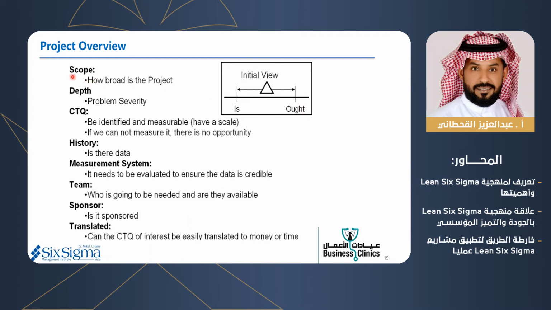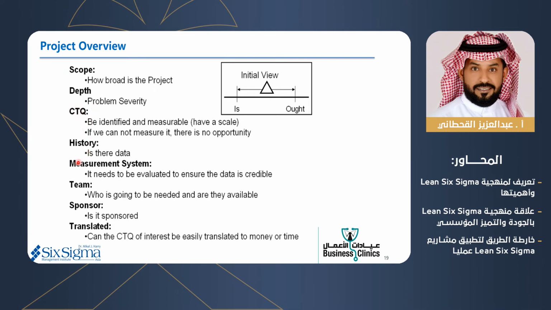Starting with the scope of the project: how big is the project, which area is going to be included in the project to solve the problem, and which area is not going to be included. Depth of the problem: how severe the problem is. Critical to quality, which are parameters that directly impact quality.